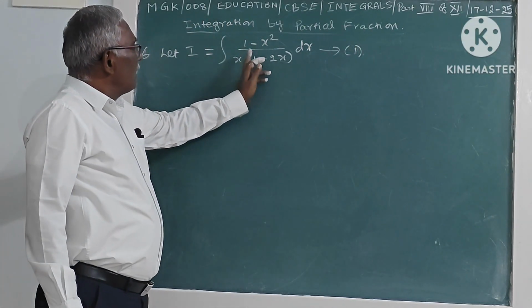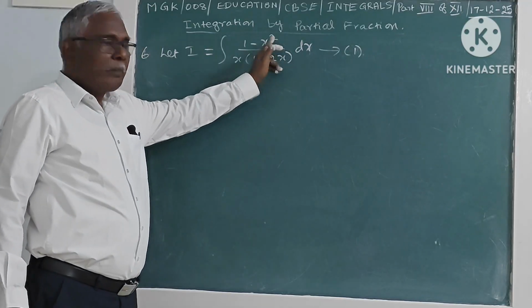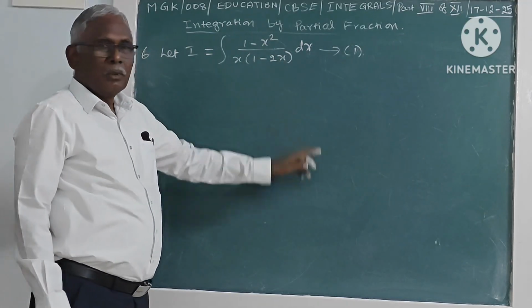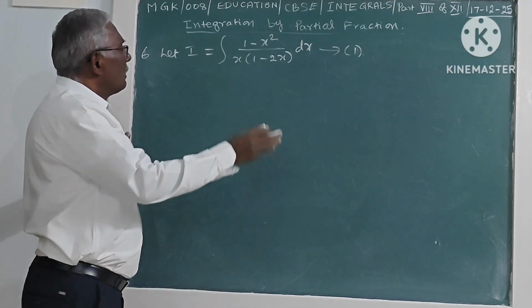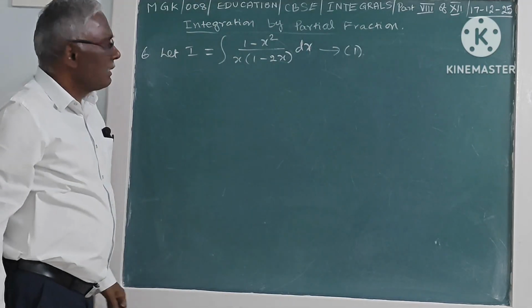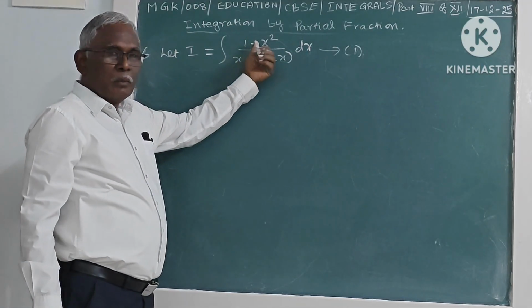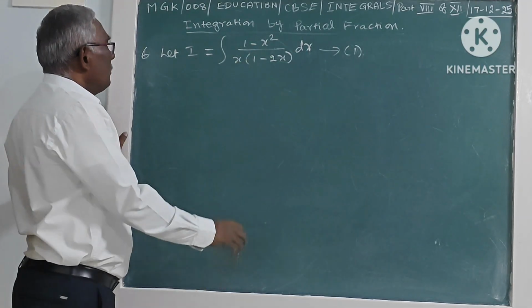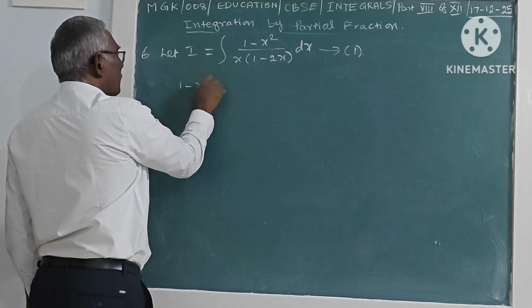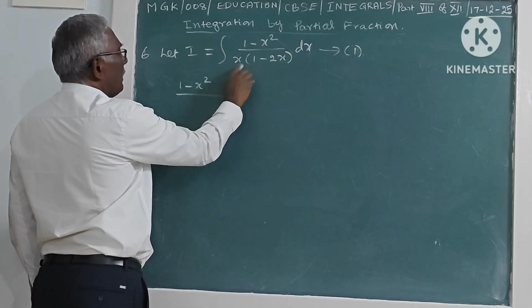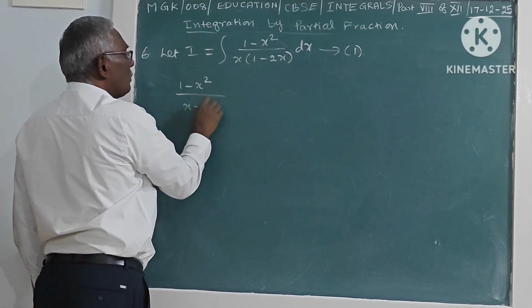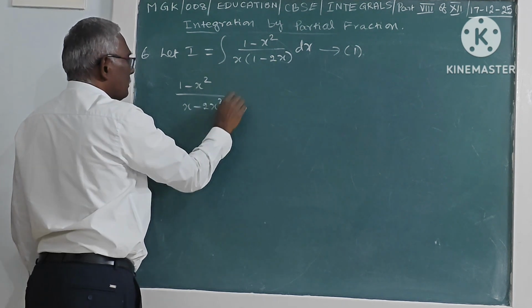So in this integral, the degree of numerator is 2, degree of denominator also 2. So it is not a proper fraction. So that means you have to divide numerator by denominator. 1 minus x square by, we will multiply and write x minus 2x square.